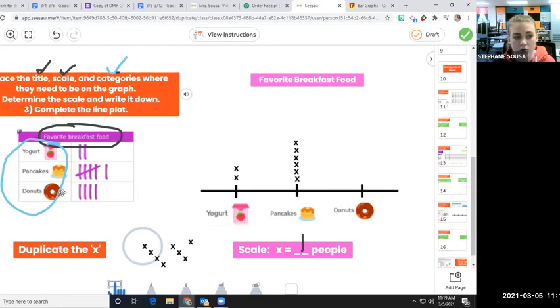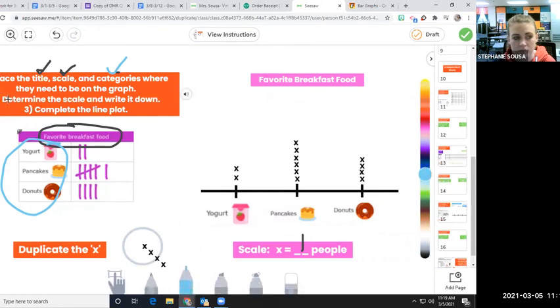Donuts has 4 votes. I'm going to take 4 of my X's because we said that an X is equal to 1. And we're going to move them into the donut category. Step 3 of completing the line plot is now finished.